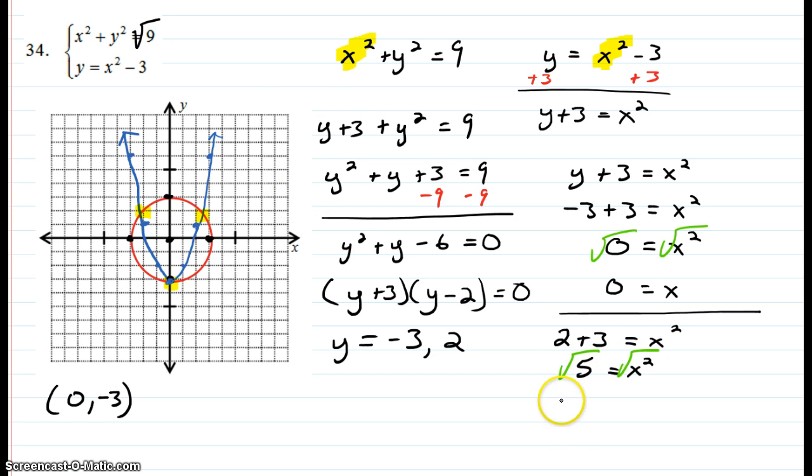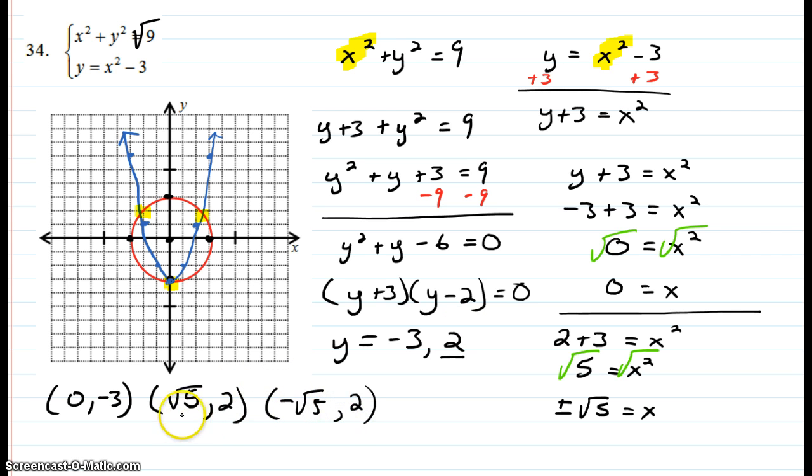And so that gives us, now we're going to have a plus or a minus the square root of 5 equals x. And so this gives us the square root of 5, comma, remember the y was 2, and then we have negative square root of 5, comma, 2. So those are our three answers.